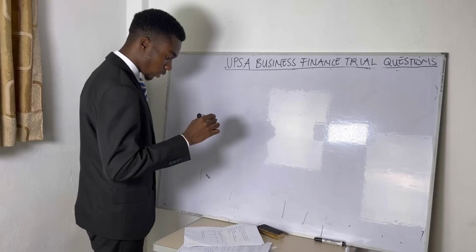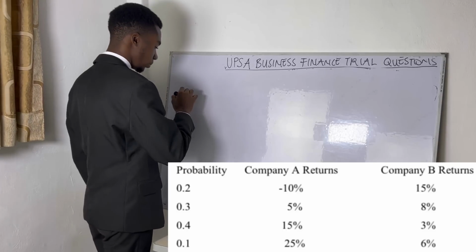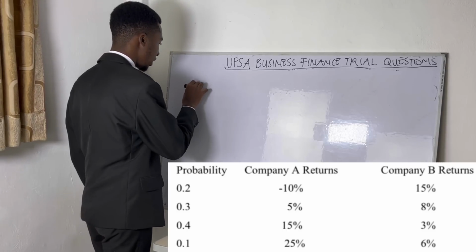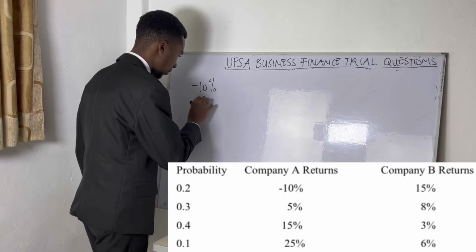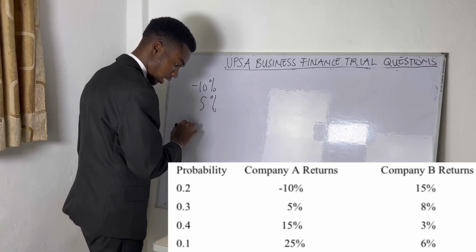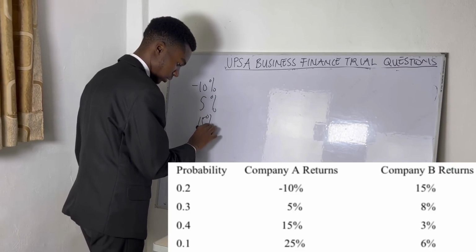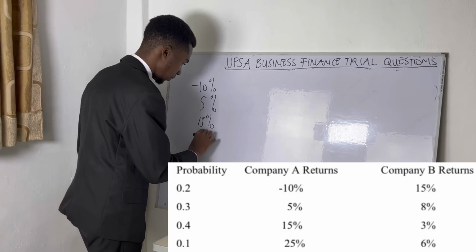So let's do it. For company A, the returns are negative 10%, then 5%, then 15%, then 25%.